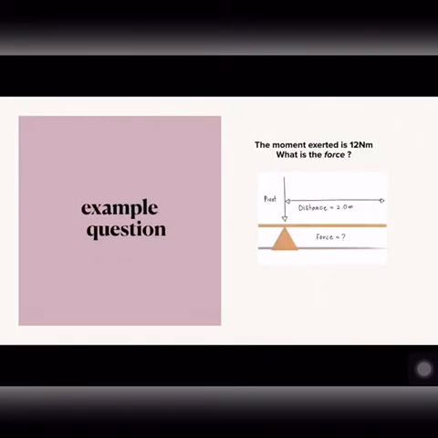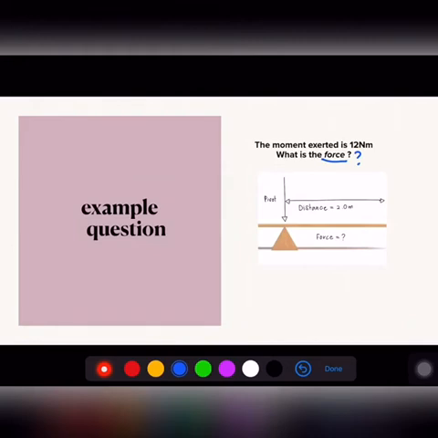Here is an example question. The moment exerted is 12 Newton meter. What is the force? This question wants to know the force. The formula for force is moment divided by distance.